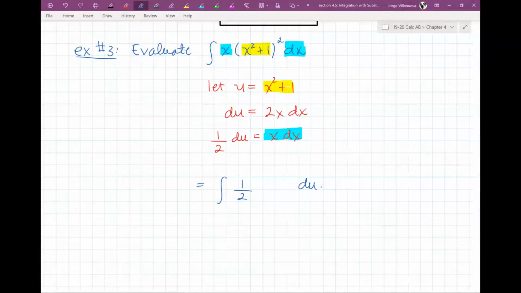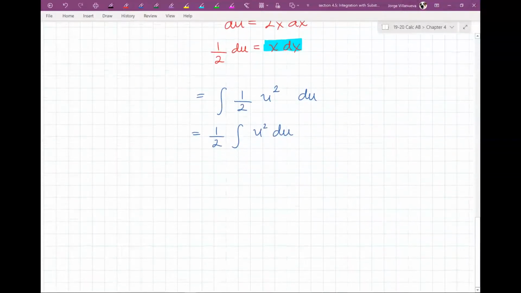And then instead of (x squared plus 1) quantity squared, what should I write? u squared. Now that half is a constant, and we learned that there's a property that lets you take the constant and move it out of the integral. So I'm going to move it outside.